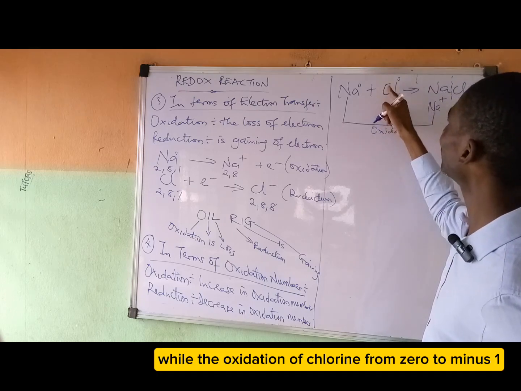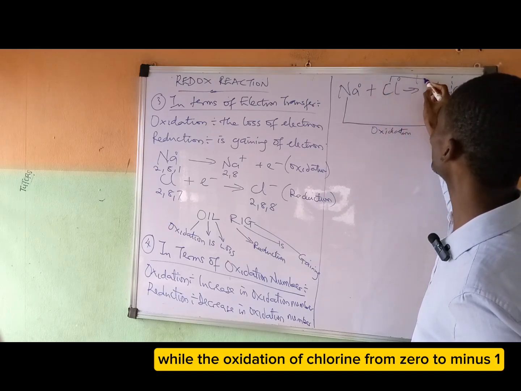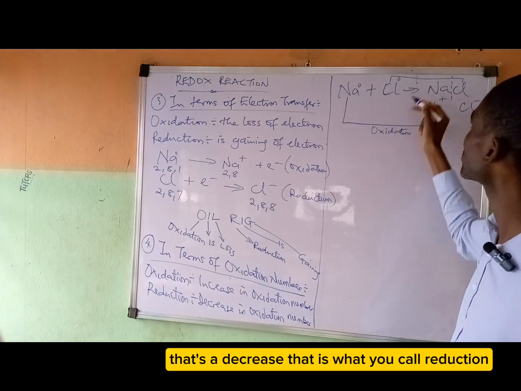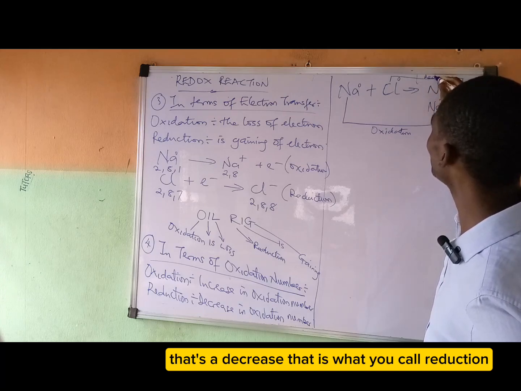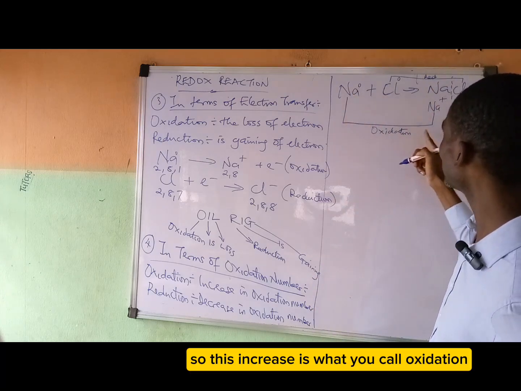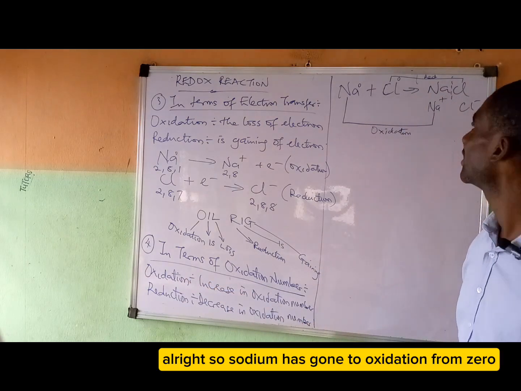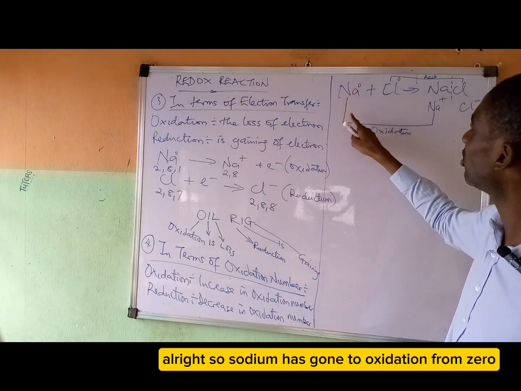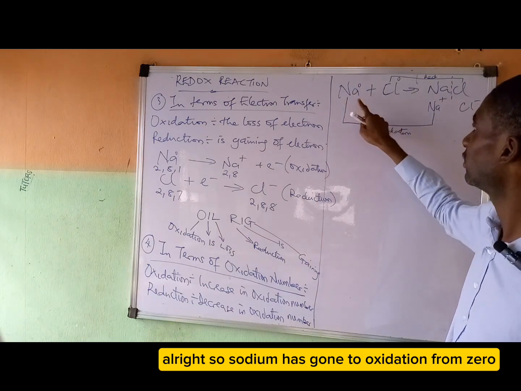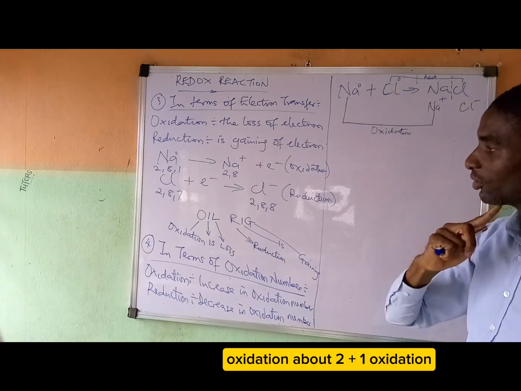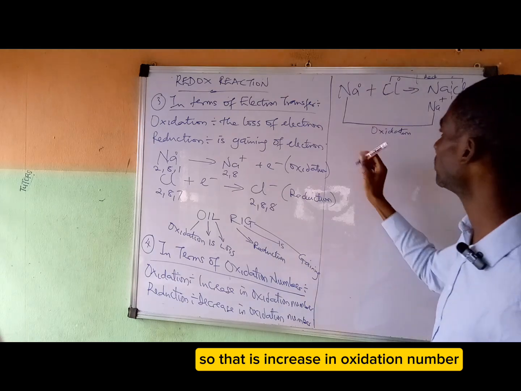While the oxidation number of chlorine goes from 0 to -1, is that an increase or a decrease? That's a decrease. That is what you call reduction. So sodium has gone through oxidation from 0 to +1, which is an increase in oxidation number.